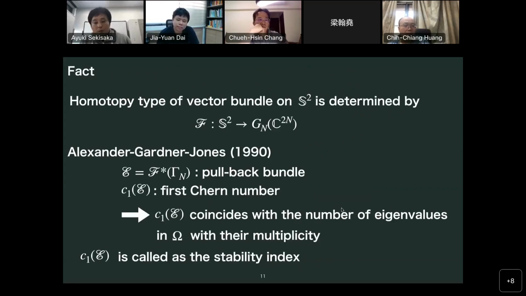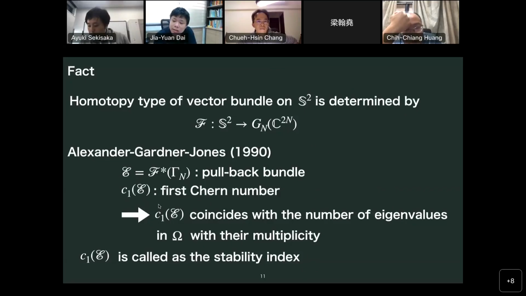The next theorem is a very important result, both topologically and analytically. Alexander, Gardner, and Jones showed the following. Let script E be the pullback bundle constructed this way, and c1 of script E the first Chern number of this vector bundle.